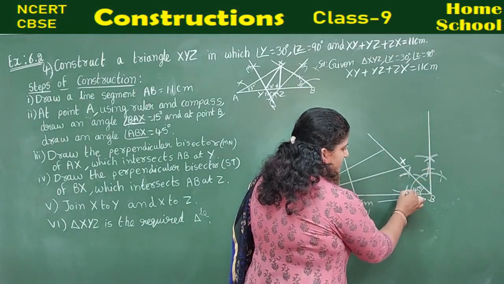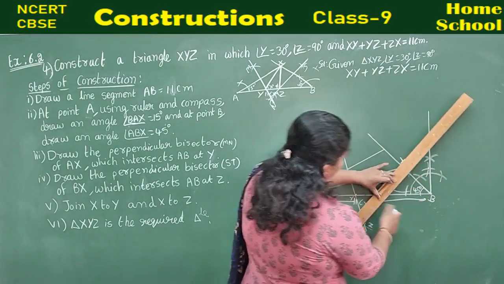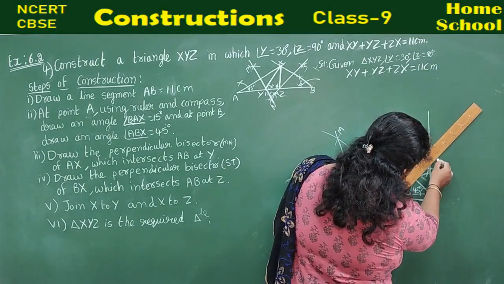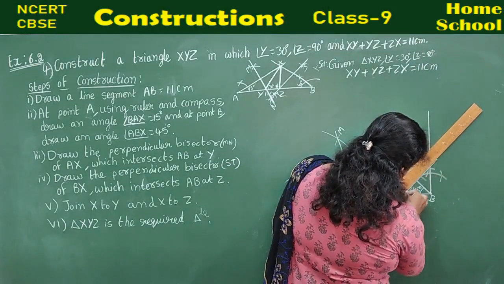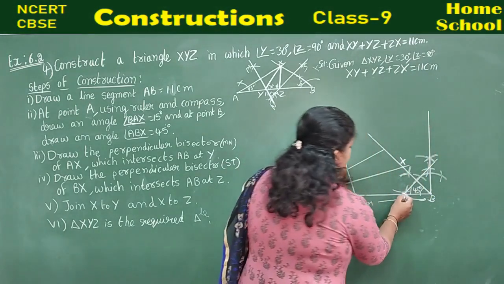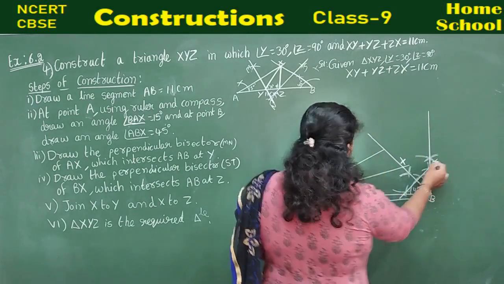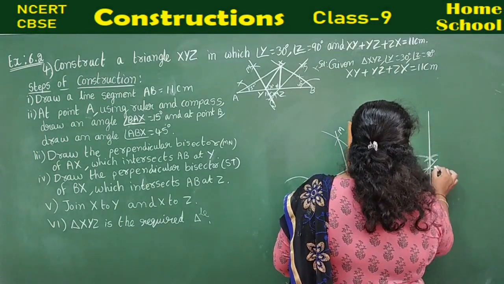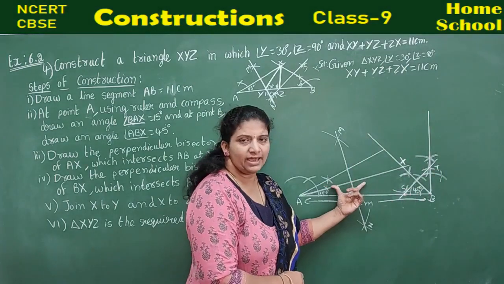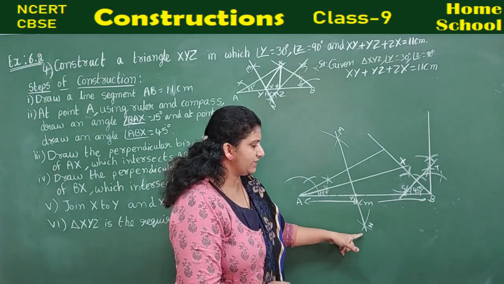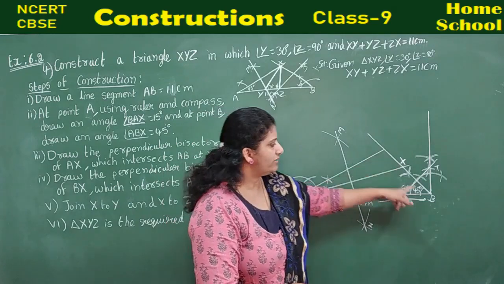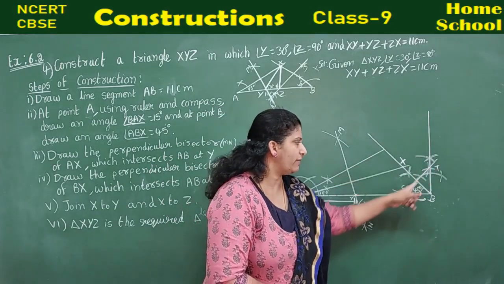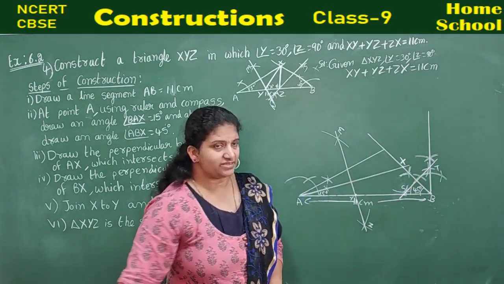These two are the intersecting points. Try to join. You are going to get the bisector. Yes, and mark this bisector as ST. Taking AX, we have drawn a perpendicular bisector MN, and taking BX, we have drawn a perpendicular bisector ST.